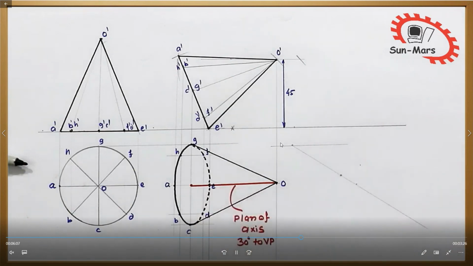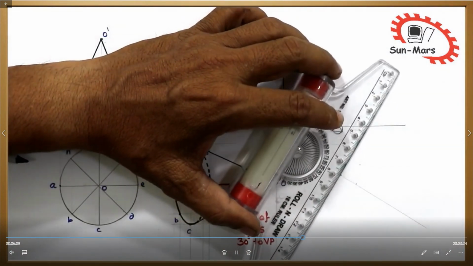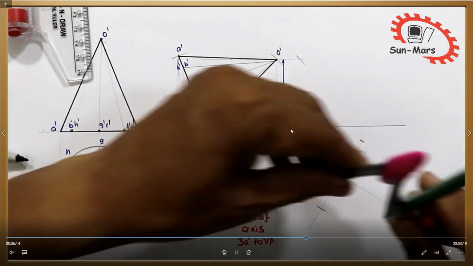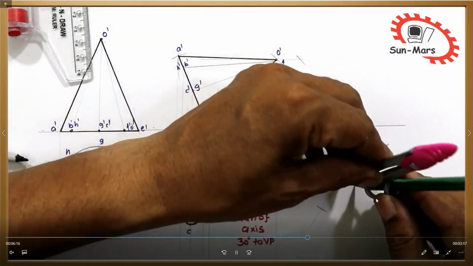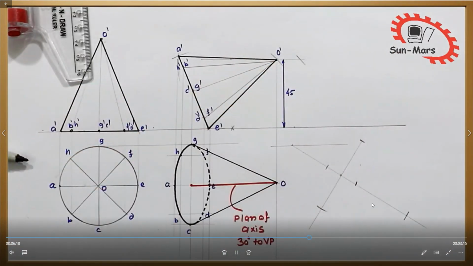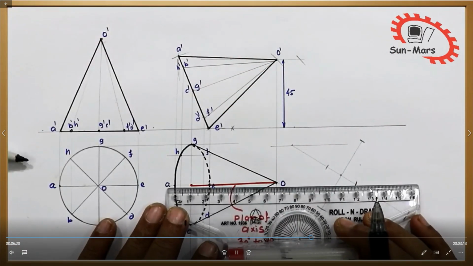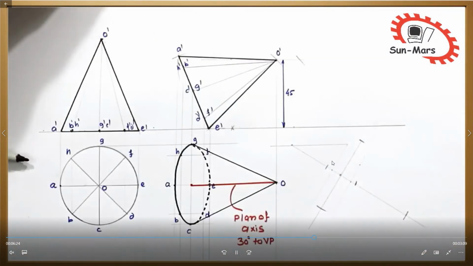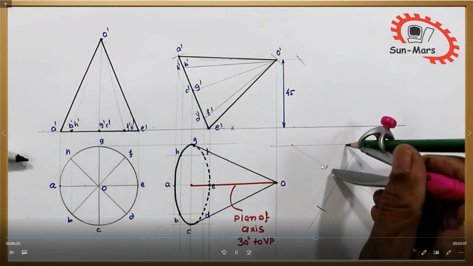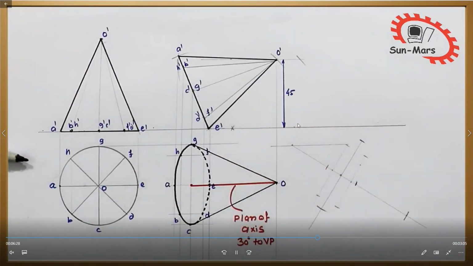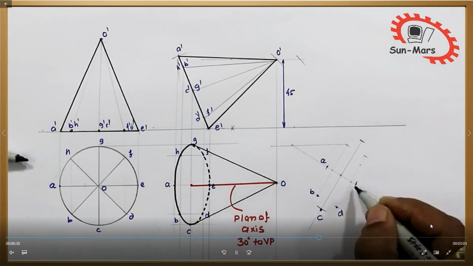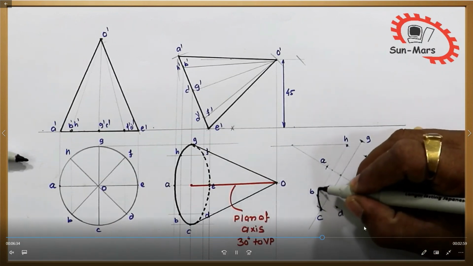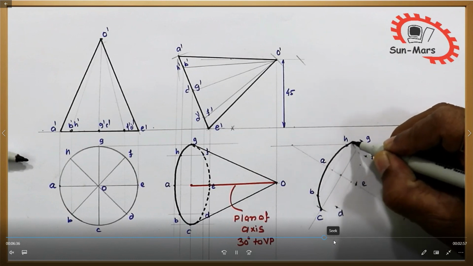This XY is a parallel line, the XY reference line. Here is also same, or you directly draw the inclination, you measure the 30 degrees to the XY reference line. Okay, both methods are the same. In this way is correct, or directly you draw the axis line at 30 degrees to the reference line. Okay, in this way you join all the points here.